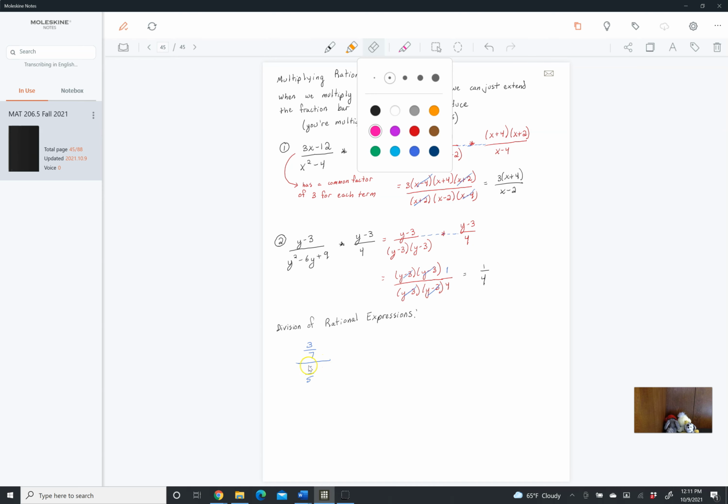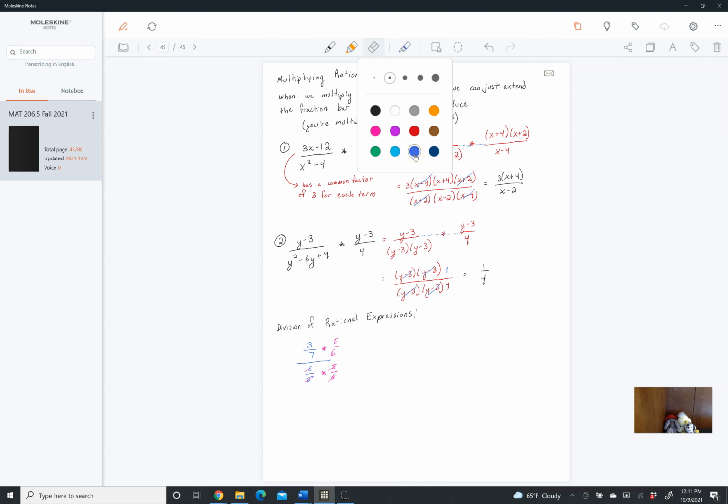We want to get rid of the fraction within the fraction. So we're going to multiply the denominator by its reciprocal, because that cancels everything and we get rid of the denominator. But what we do on bottom, we have to do on top. So we have to multiply the top by 5 over 6 as well.